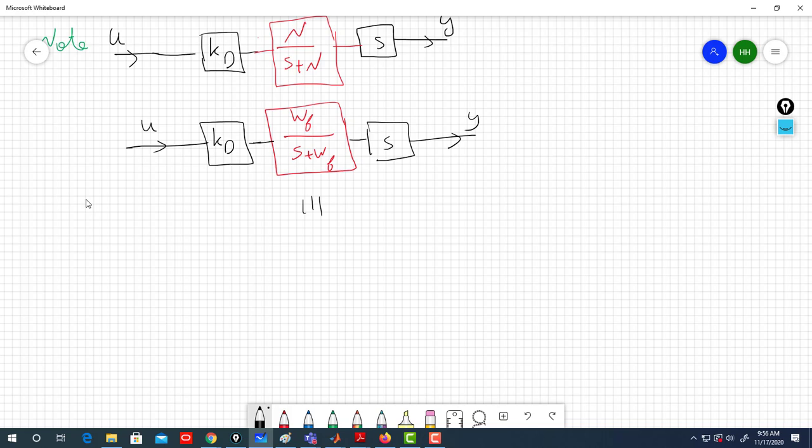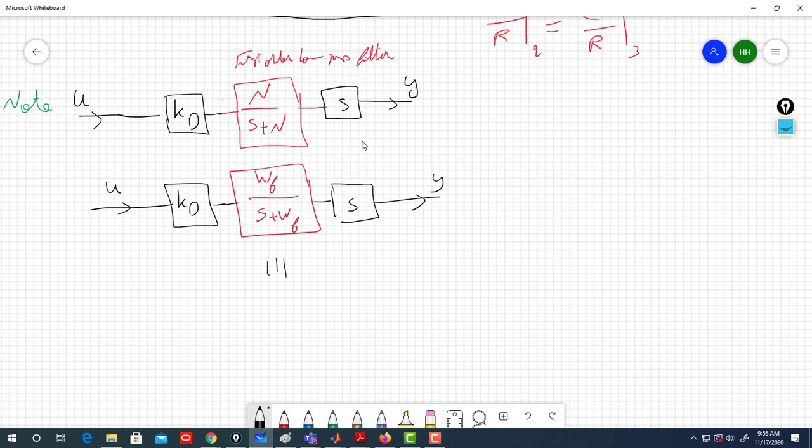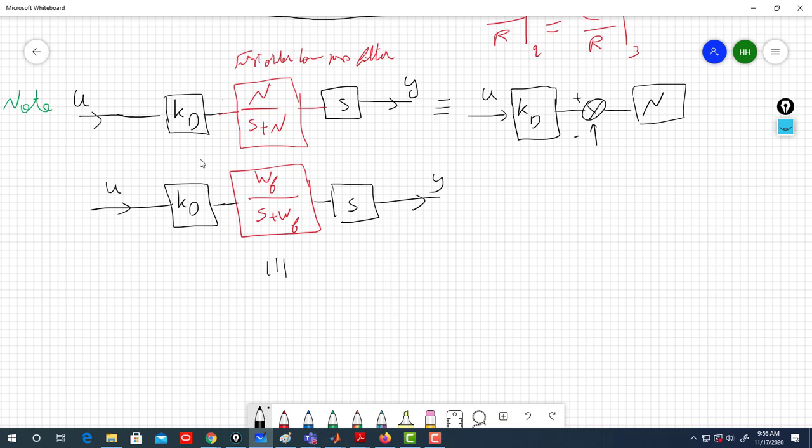This system is equivalent to, or let me take this system, these are the same anyway, but I'll take the letter N because I like the letter N. So this system is equivalent to my U, my KD, or you may find it in some books they write it D, simply D, or instead of KP they write simply P. So KD plus minus N Y, 1 over S. Do you agree that those are equivalent? So system 1 and system 2 are equivalent.